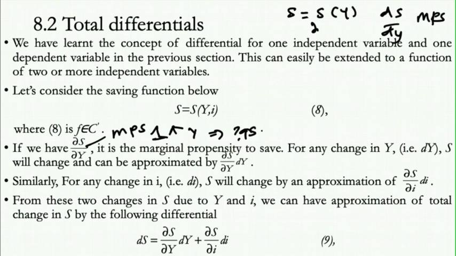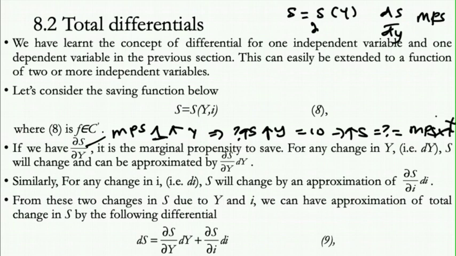But if we talk about differentials like in the last section, if income increases by 10, saving increases by how much? This is actually MPS times the increase in income.